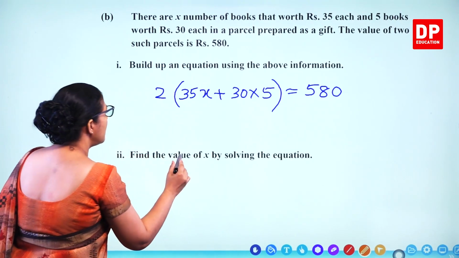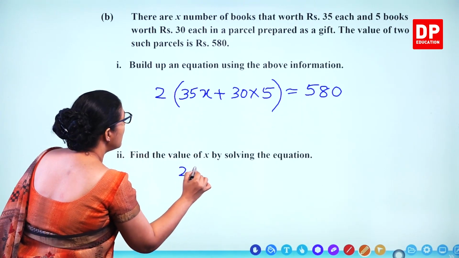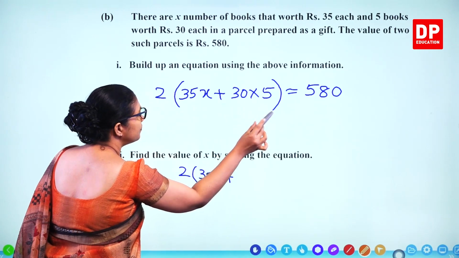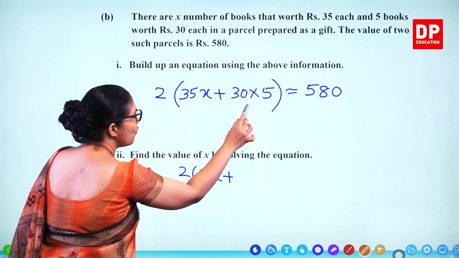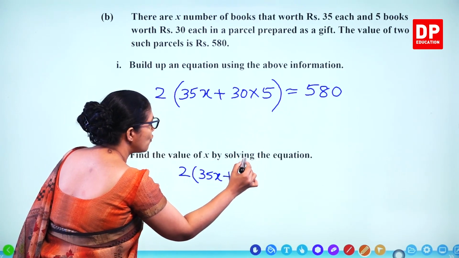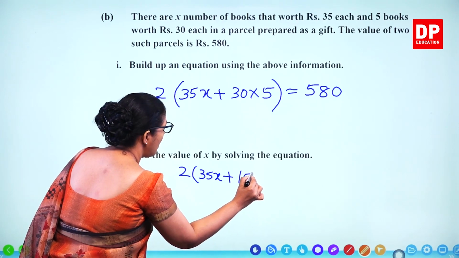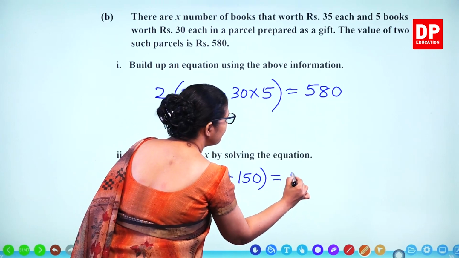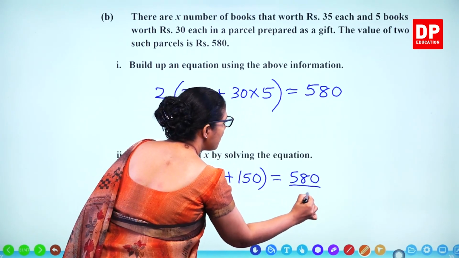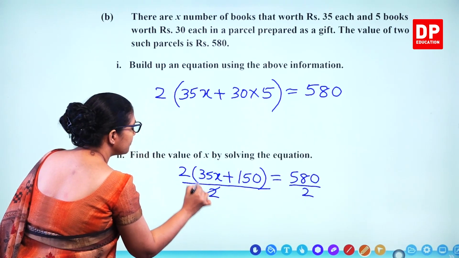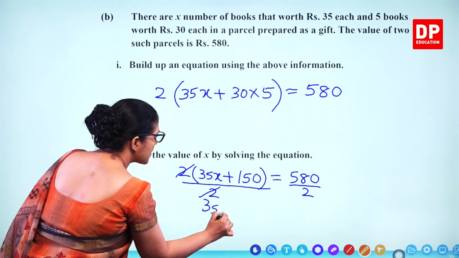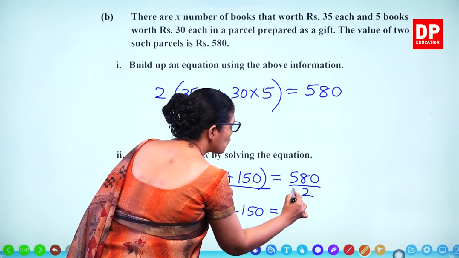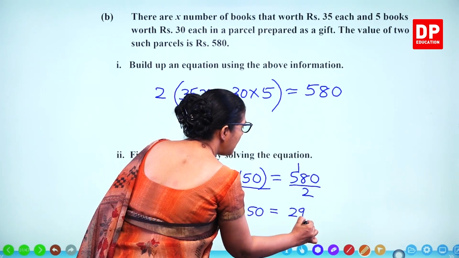So we can first divide both sides by 2. So before that we can multiply 13 to 5, 150. Divide by 2 now. 35x plus 150 is equal to 2 times 2, 5, 9, 18.